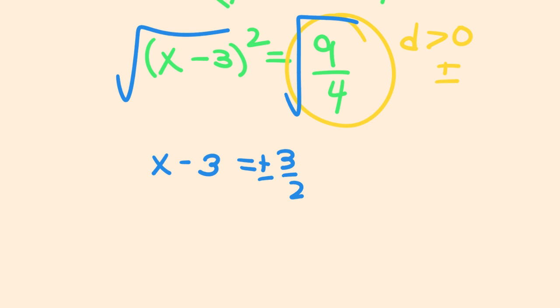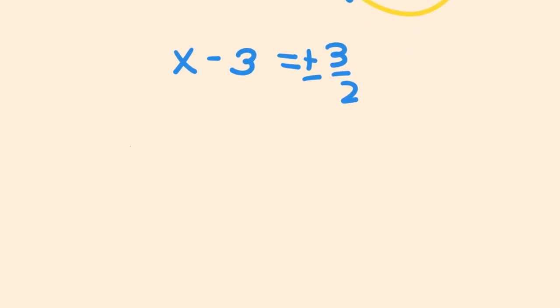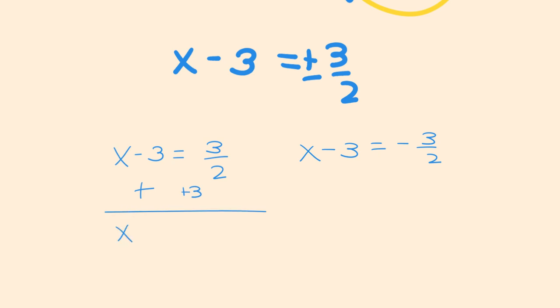So now I'm able to separate all this, right? I'm going to have x minus 3 equals 3 over 2, and x minus 3 equals negative 3 over 2. If I add 3 on both sides, I'm left with x equals 3 plus 3 over 2.